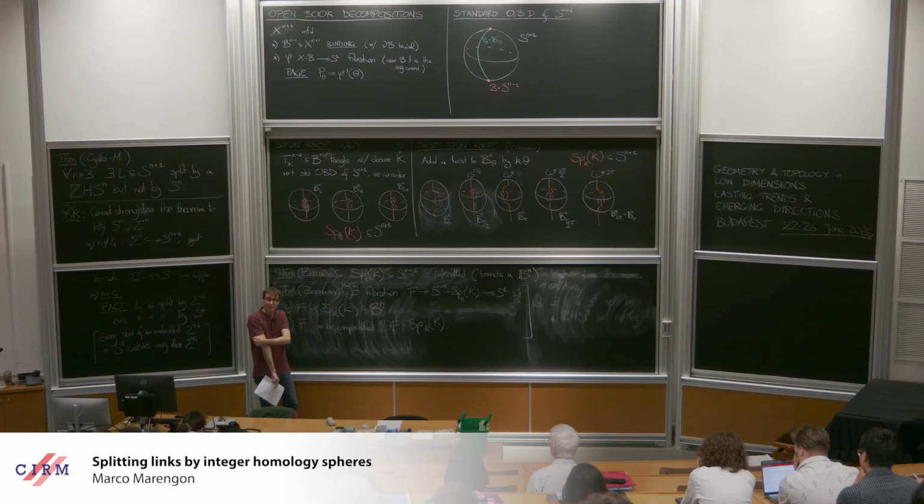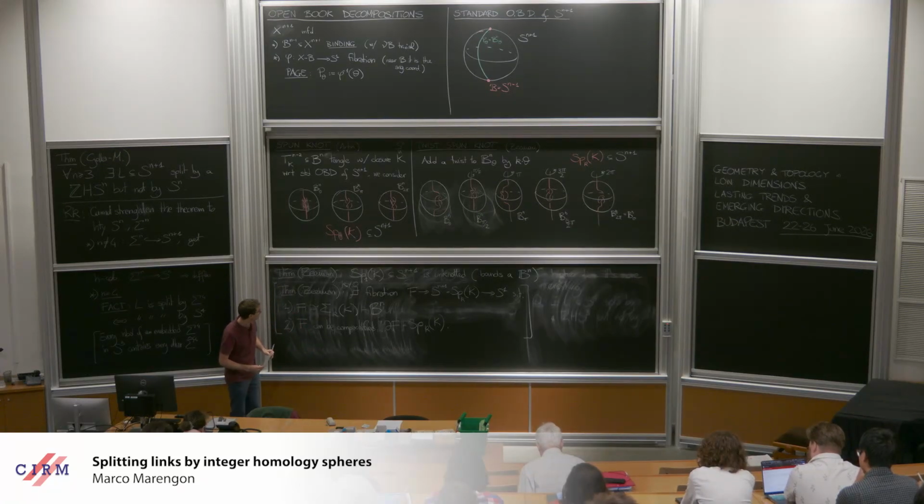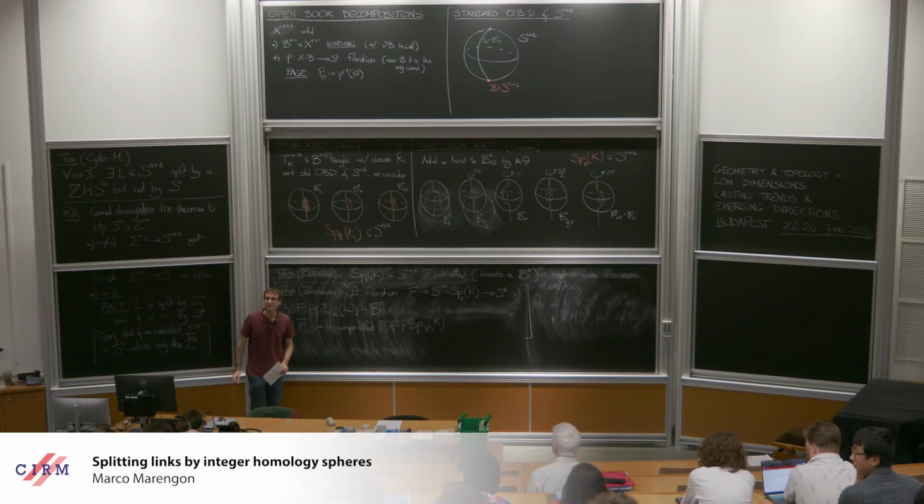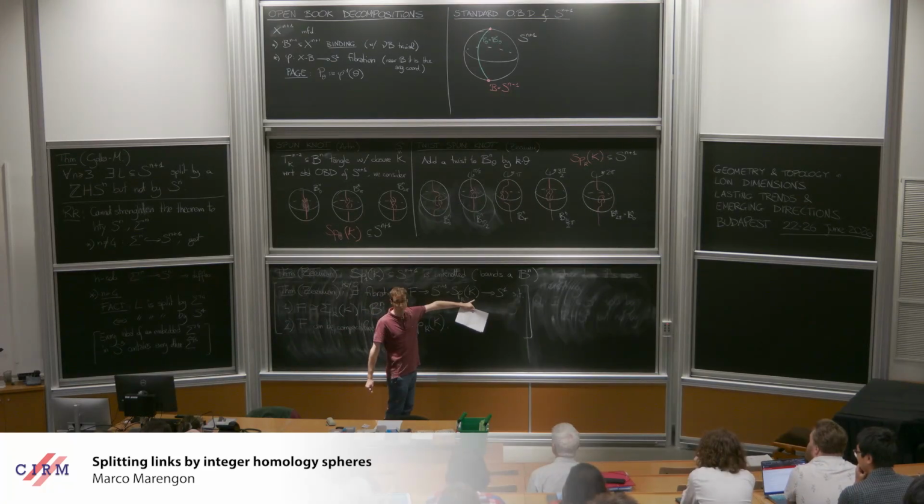There's a fixed S^{n-3} here, I think, or 2. It's still true that each fiber union the knot. Yes, yes. But it doesn't fix the twist span knot pointwise. It fixes it as a set, but it moves it. It acts on it.